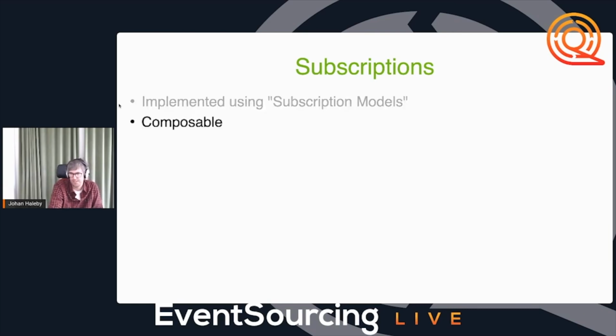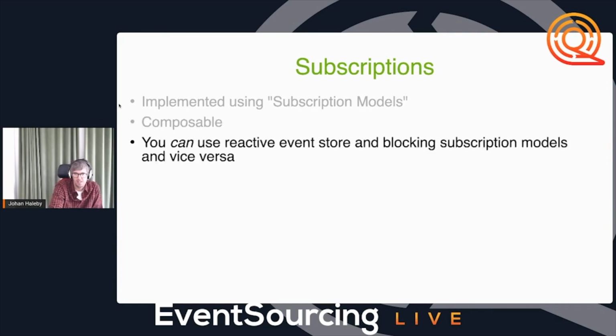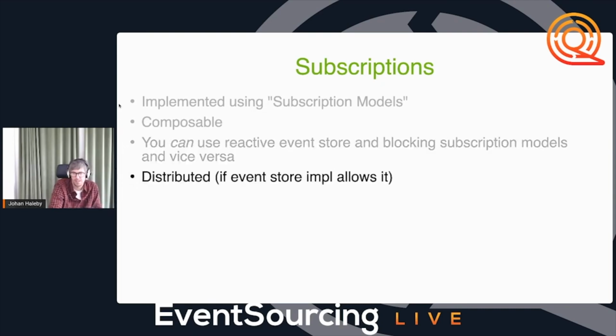And the cool thing is that different subscription models can be composed with each other to gain more functionality. Another thing to note is that you can use a reactive event store and blocking subscription models if you like, and vice versa. So it works both ways. And they're also distributed if the event store allows it.